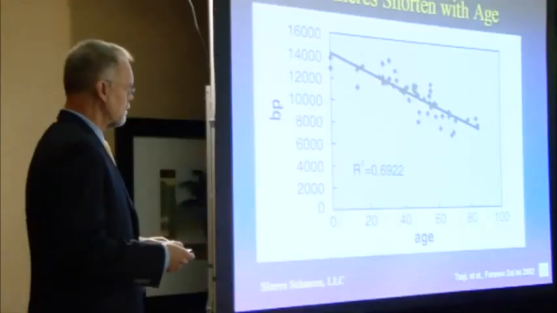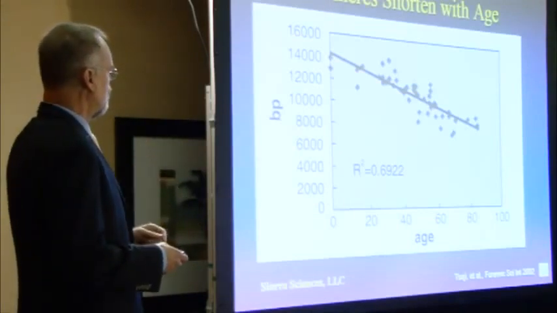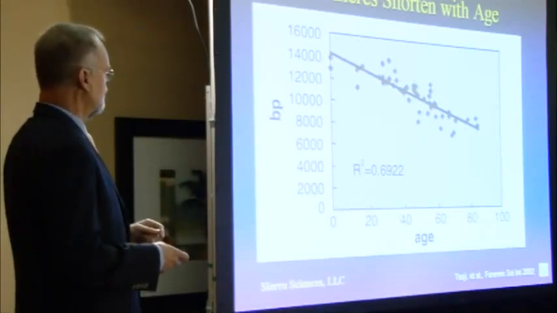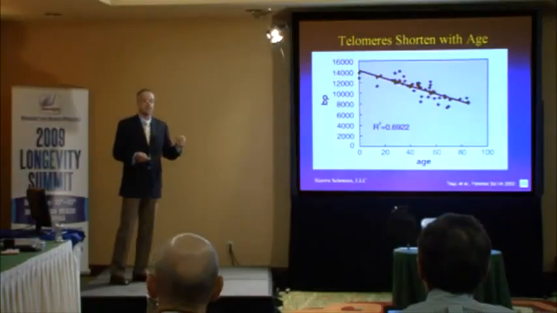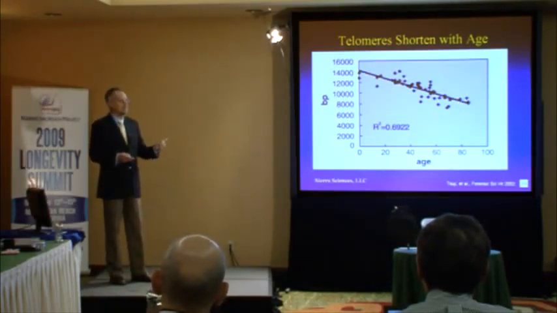When we look at cells from a person, and now the x-axis is the age of the person, and the y-axis again is the length of a telomere, we see that there still is that linear relationship, though a lot of times it's not quite as linear as this, because there are other things that cause telomere shortening besides simple cell division. One is that some people are born with different lengths of telomeres.